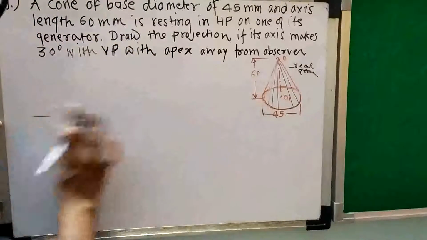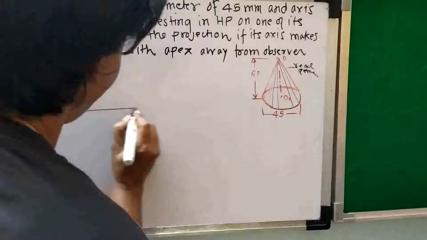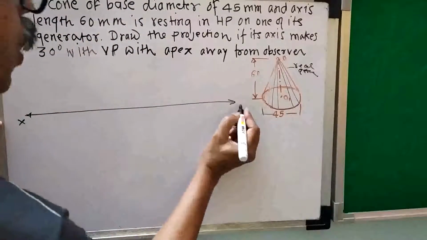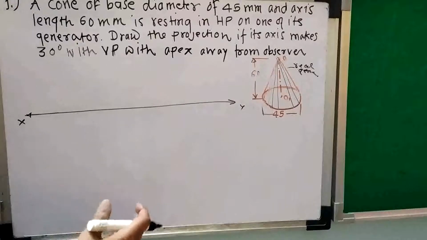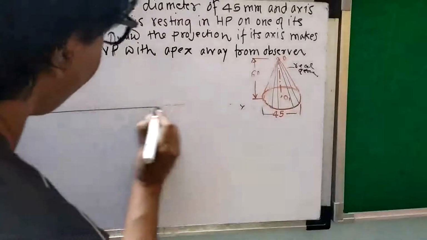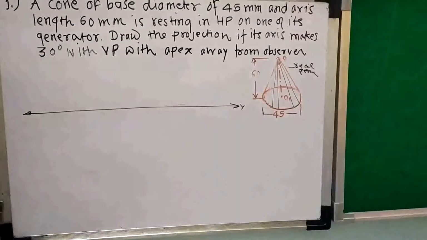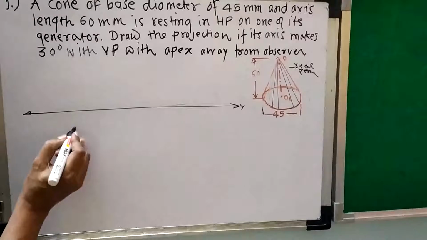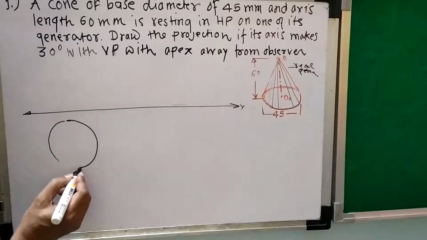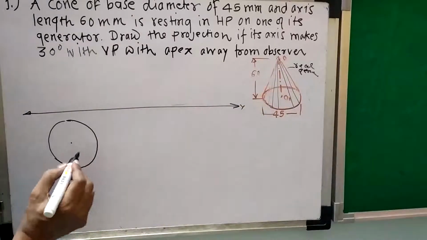So this is the XY line. First I will keep this cone on the HP. When I keep this cone on the HP, in the top view I will see the base circle with the apex O at the center, right?